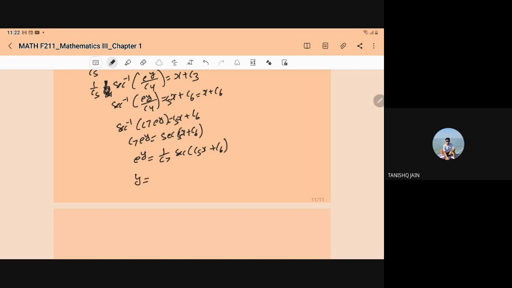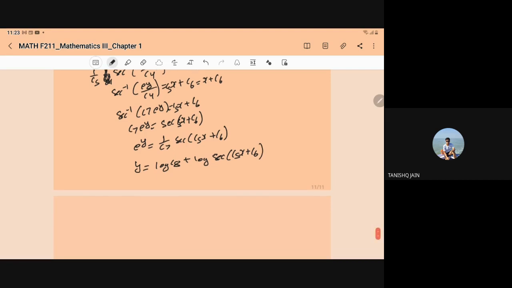So y will come log of, you can say c7 as c8, so log of c8 plus log of sec of c5x plus c6. This is a constant, so let us have this constant as c9, minus log of cos of c5x plus c6.